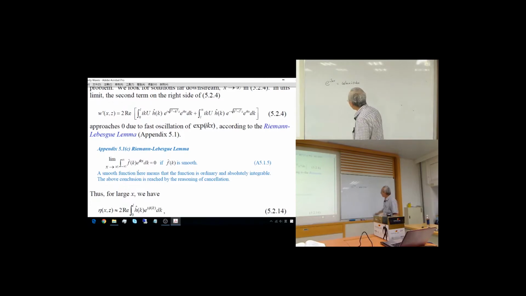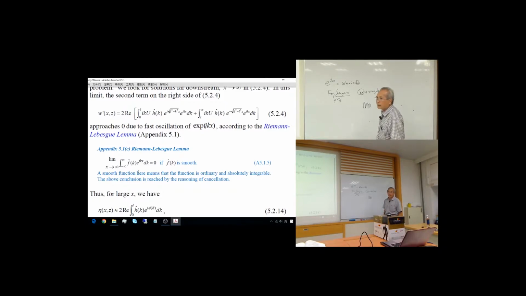For very large x, far away from the mountain, kx is very large, which means it oscillates very fast.